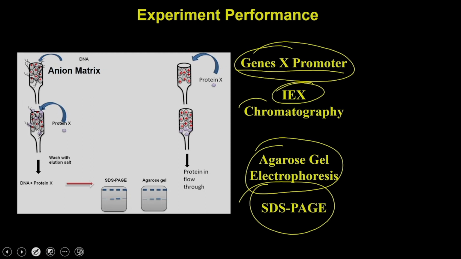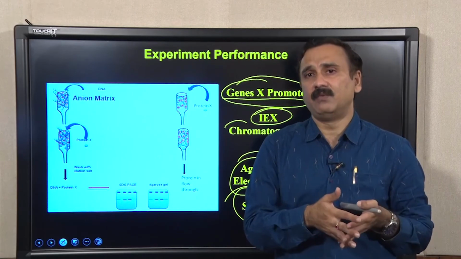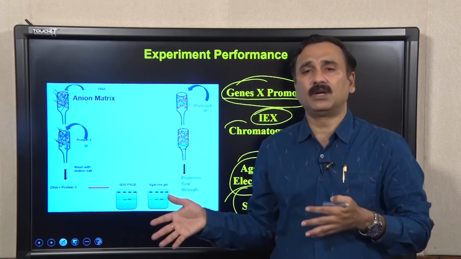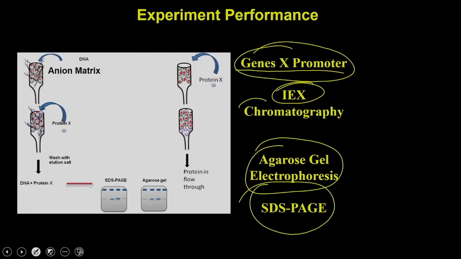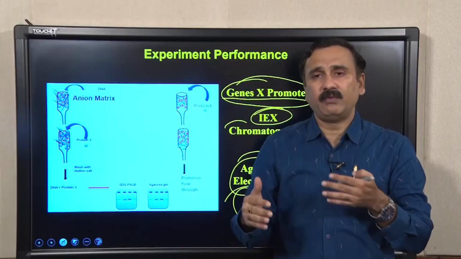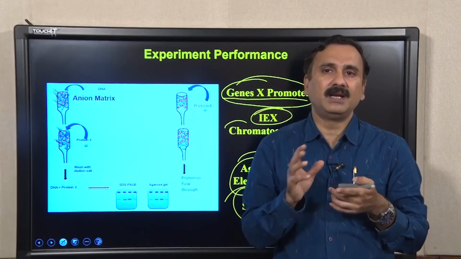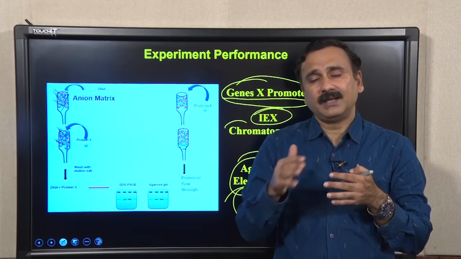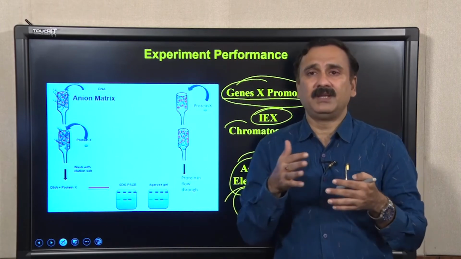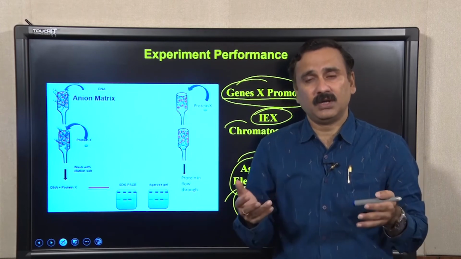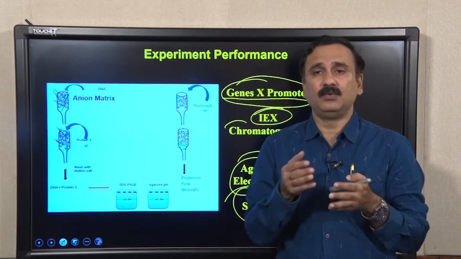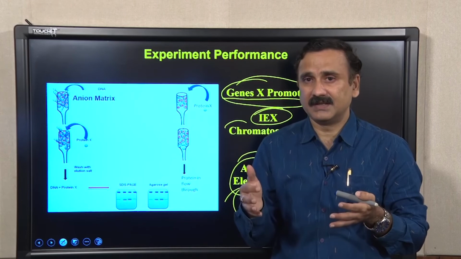So it is semi quantitative or qualitative information that you get from electrophoresis, whereas from the ion exchange chromatography you can get the information on whether the DNA and protein are interacting with each other or not. On the other hand, you can also get quantitative information, like the distribution and the binding constants; you can do all those kinds of analysis as well.